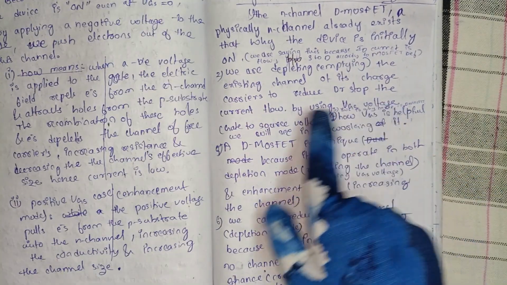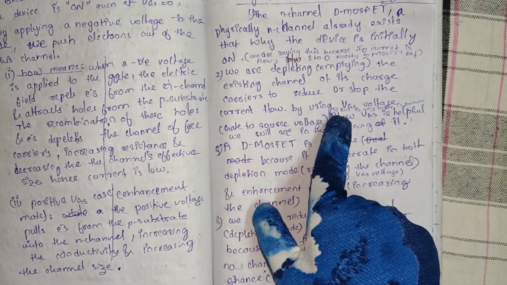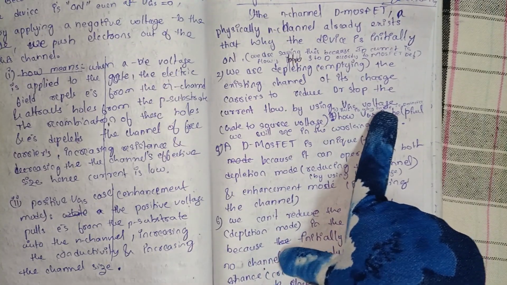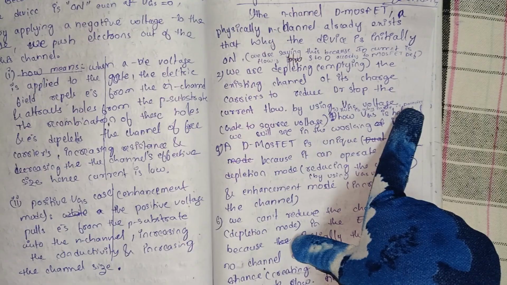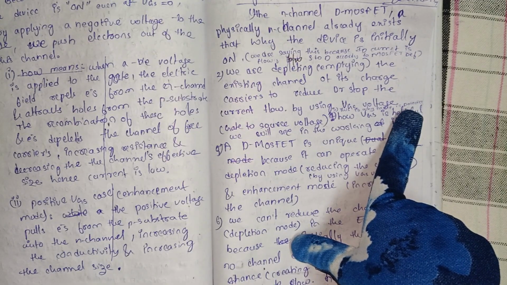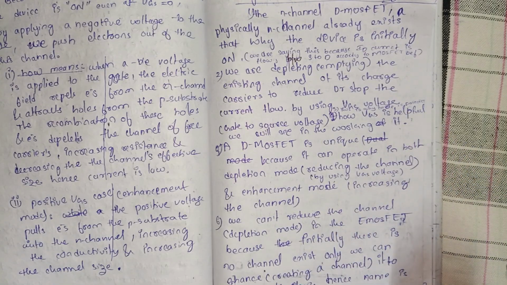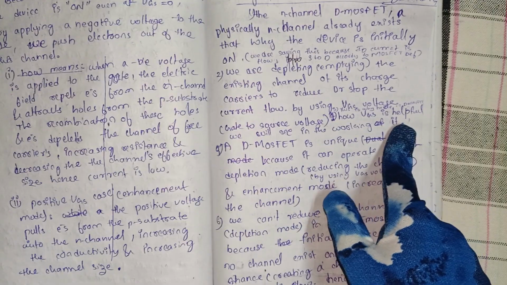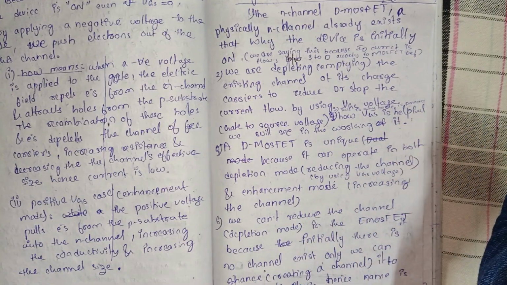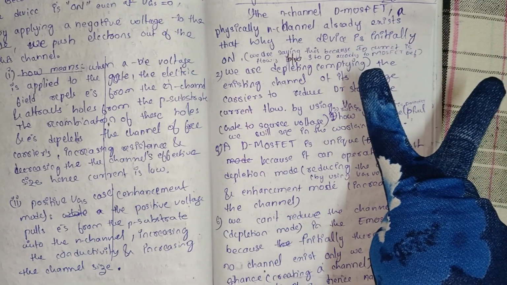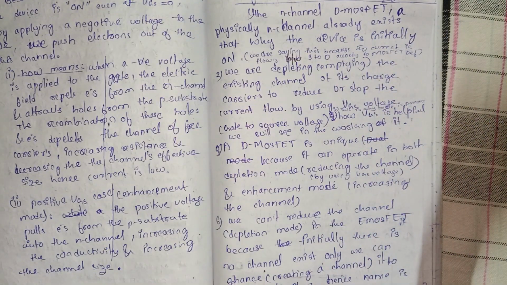This channel is there now, from here to here. We are emptying the existing channel of its charge carriers using the VGS voltage. This is why the name is DMOSFET. Okay. And then we will see in the working how VGS is helpful to reduce the current flow between the two N regions. We will see in the working of DMOSFET.